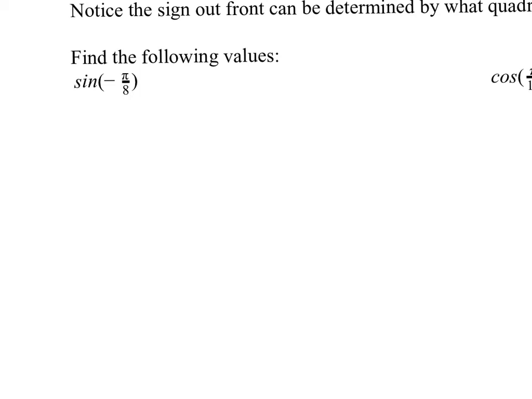So negative pi over 8 is in quadrant 4. So you would go down from 2 pi, and sine is negative in that quadrant. So we know sine is going to be negative. Now we just have to determine what angle we divide by 2 to get negative pi over 8. And that is going to be negative pi over 4.